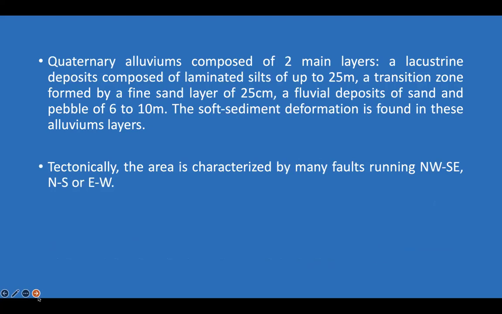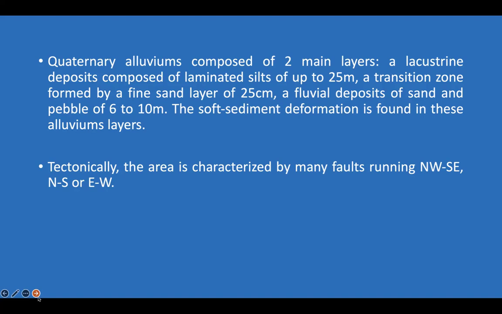Above all those sandstones, we have Quaternary alluvium that is composed of two main layers. We found that in Bamako we have two main layers of Quaternary deposit: first a fluvial deposit above a lacustrine deposit.